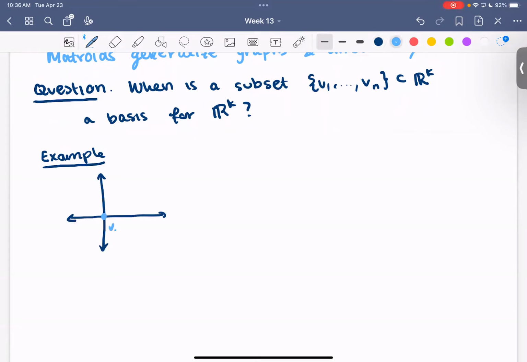I'll take v1 to be (0, 0), v2 to be (1, 0), v3 is (2, 0), and v4 is (1, 1). Which subsets of these vectors form a basis?